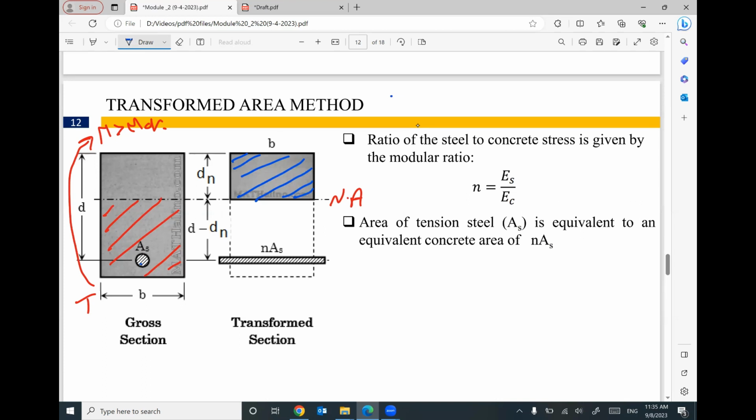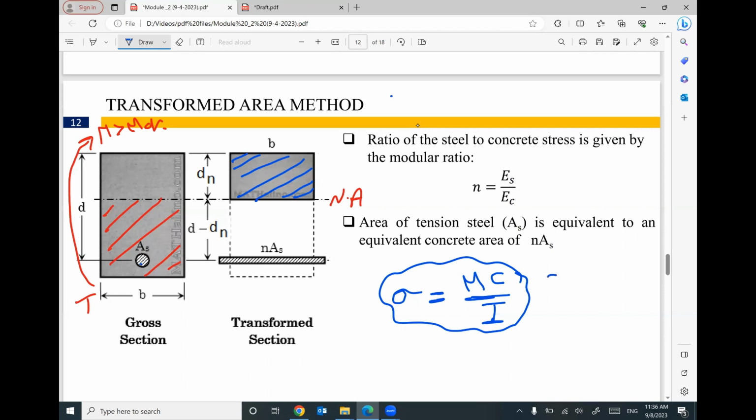We are going to use this expression to figure out the stress in your concrete: sigma equals M c divided by I. Unfortunately, we cannot use this expression for a cross section with two materials.